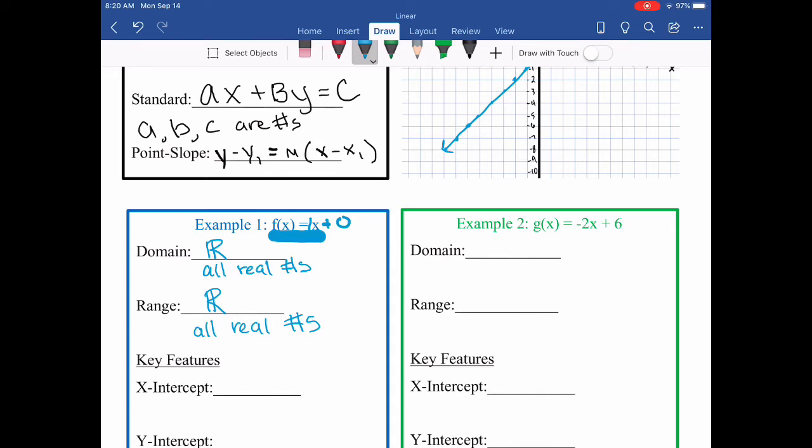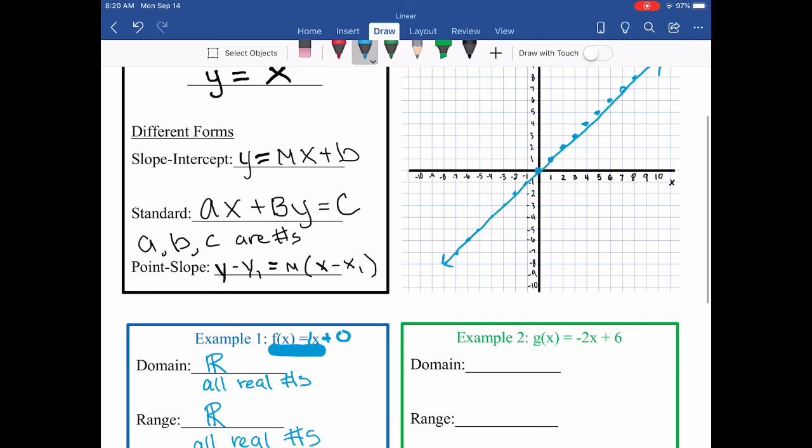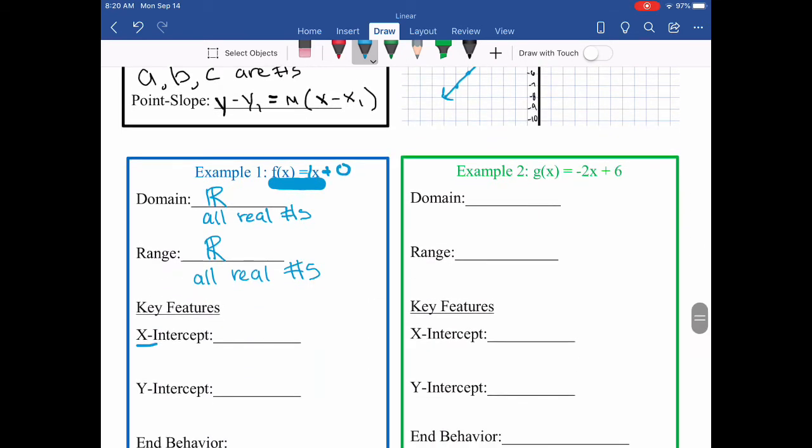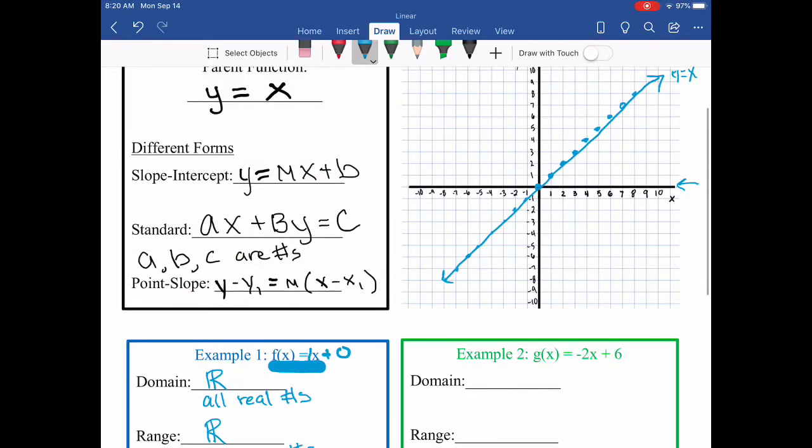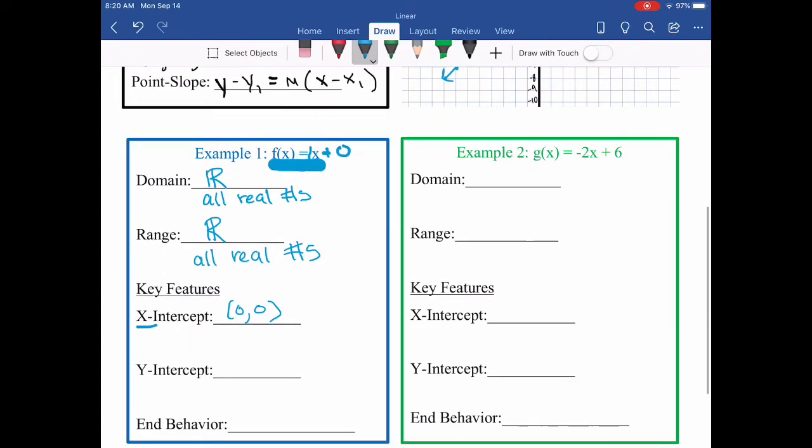Let's take a look at one of its x-intercepts. That's where does it hit the x-axis? Well, this is the x-axis and it hits it at 0, 0. It also has a y-intercept at 0, 0 because that's where it also hits the y-axis.